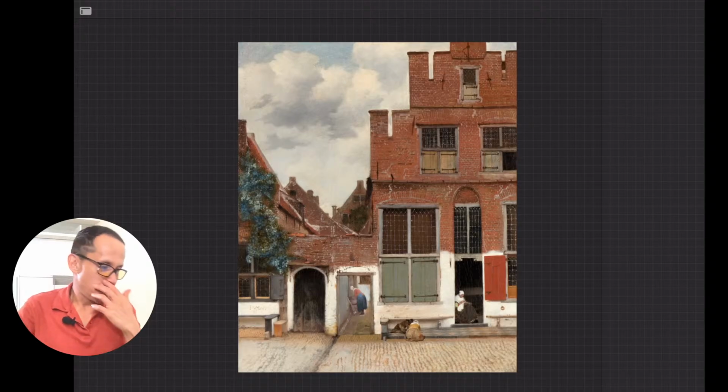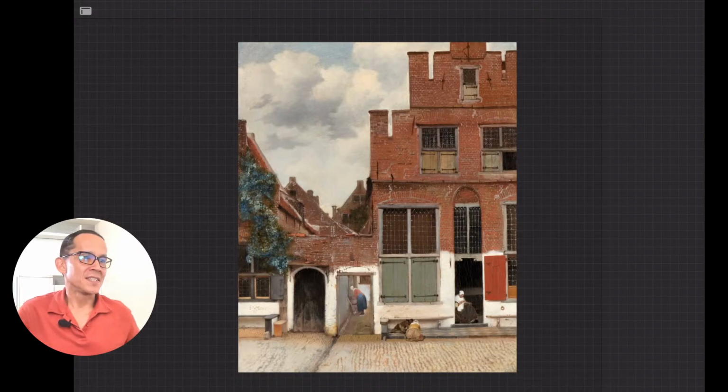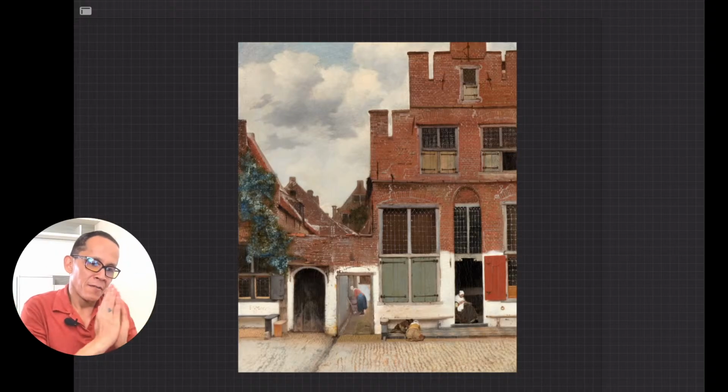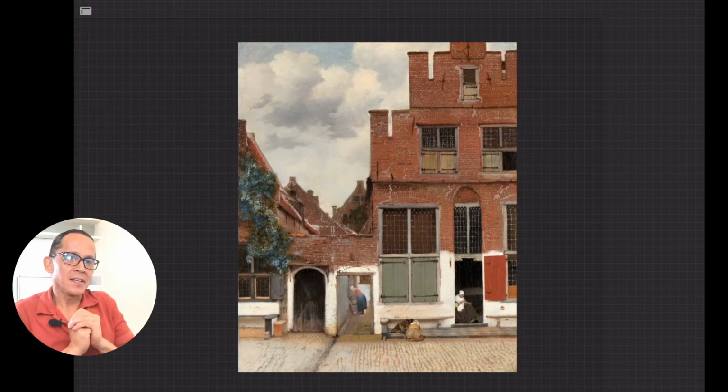What I discovered today is that I believe, remember the story I told in the beginning, when Vermeer first had the inspiration to paint this painting. I believe that's when Vermeer's aesthetic, as we know it, was born.